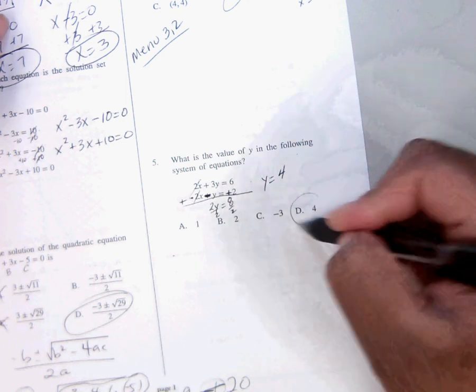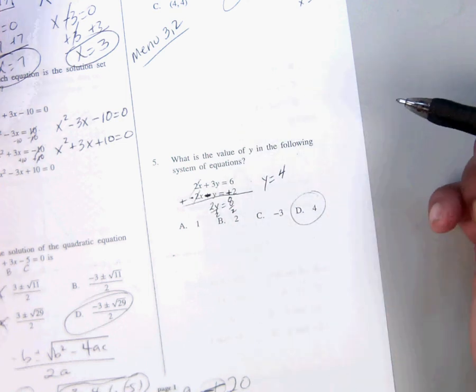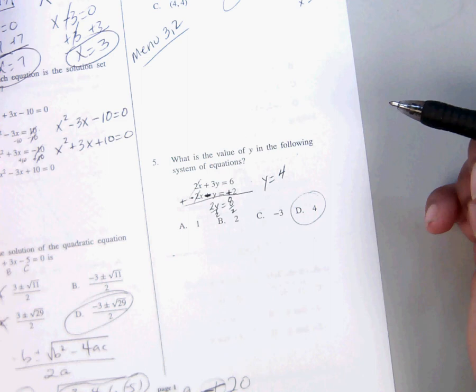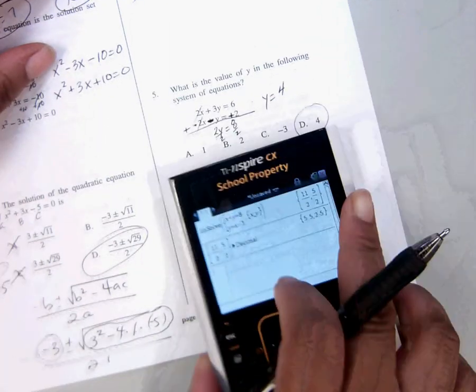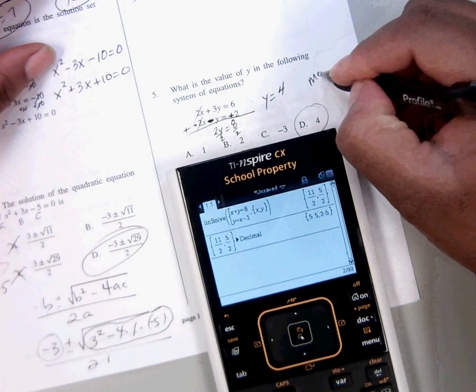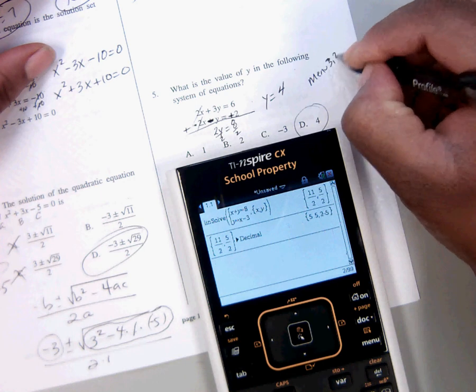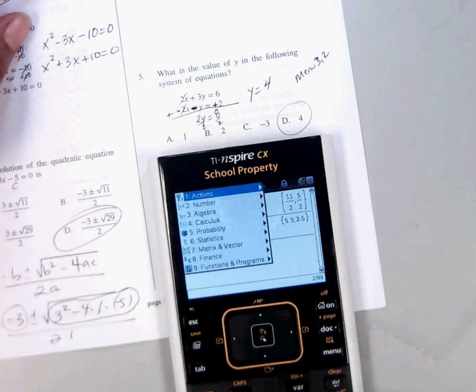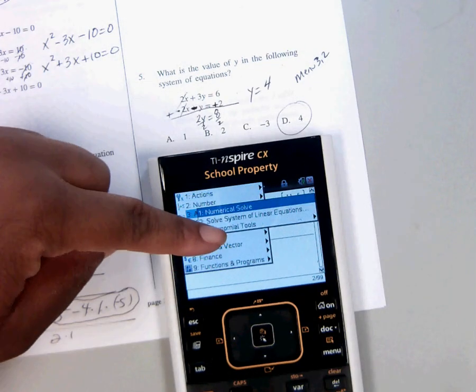And there it is. If you can't remember how to do that, system of equations, menu 3, 2, and menu 3, it says system, see?